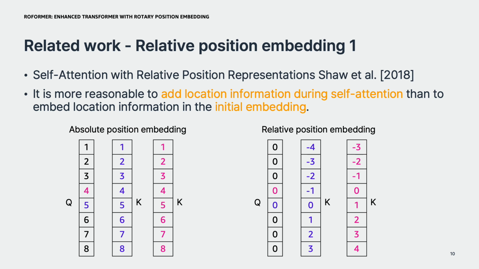As shown in the figure, the positional information of the query itself disappears, and instead, the relative distance between the query and key is encoded into the key. This allows the model to better capture the actual distance and order difference between words.